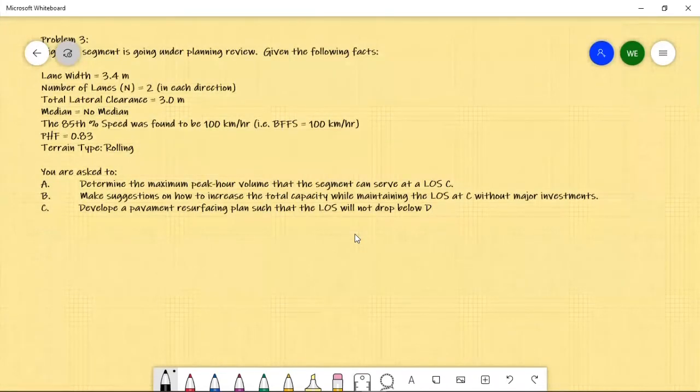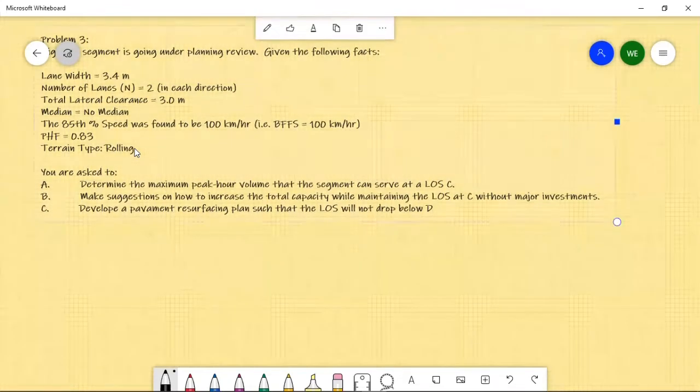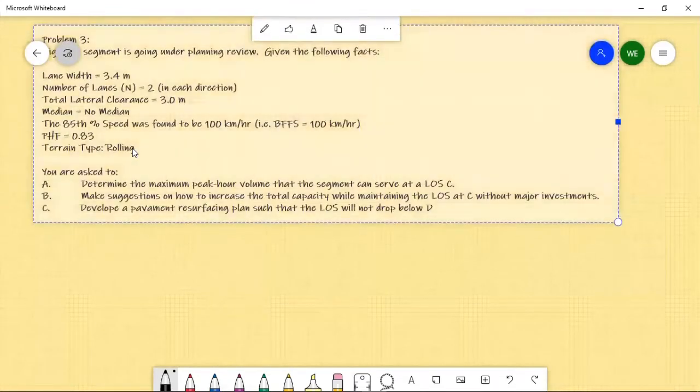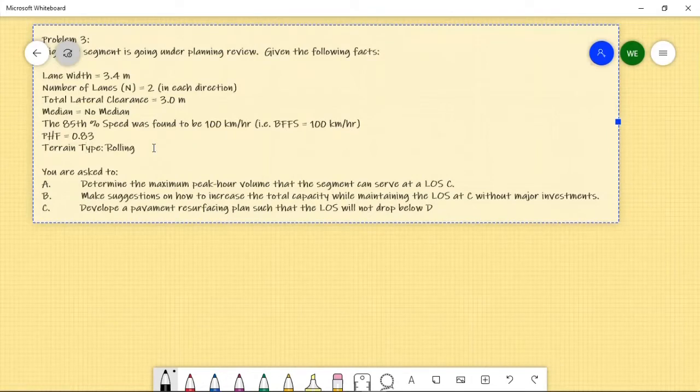So let's look here at terrain rolling. I think there's something missing in this problem, which is basically the percentage of heavy vehicles. Percentage HV equal 14%.